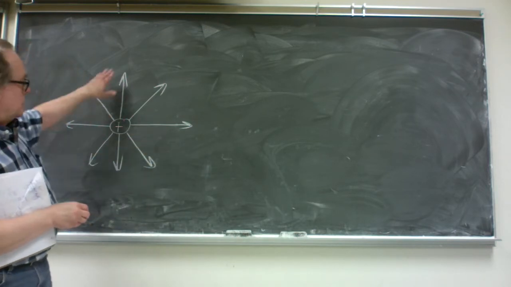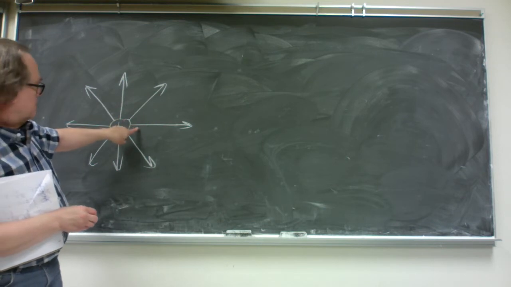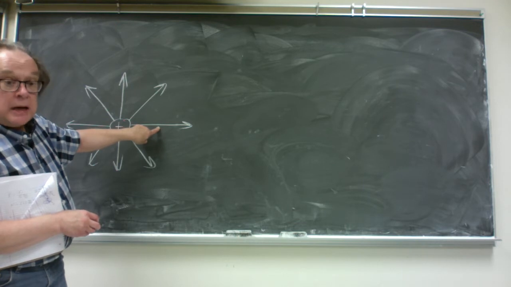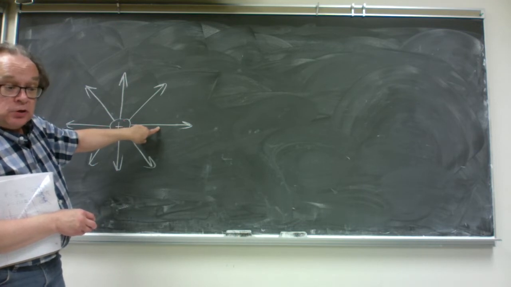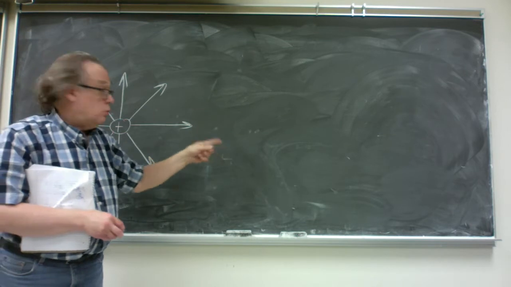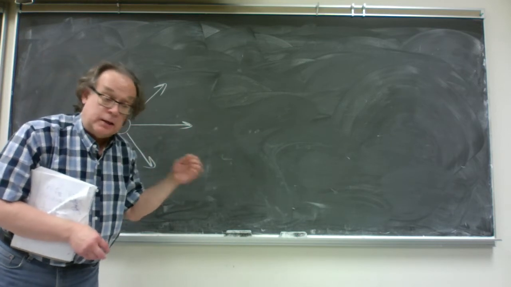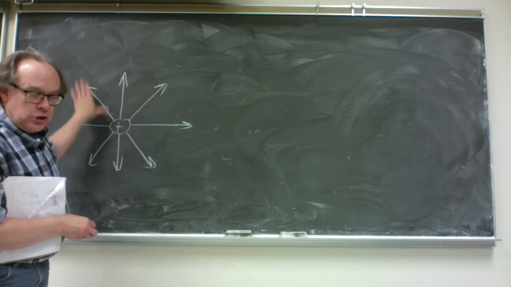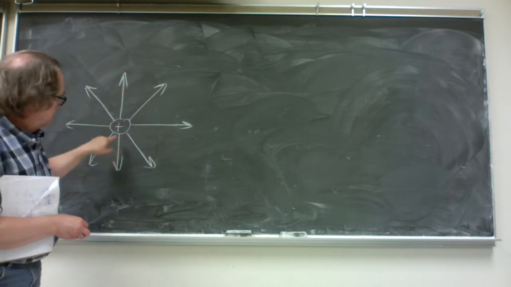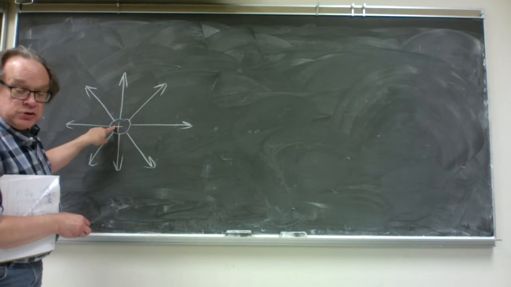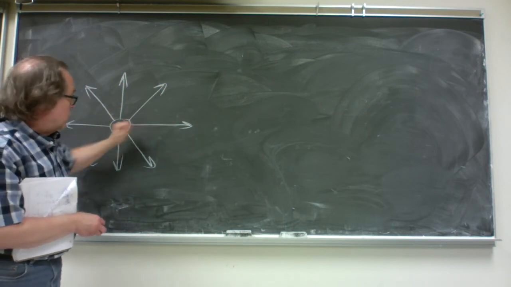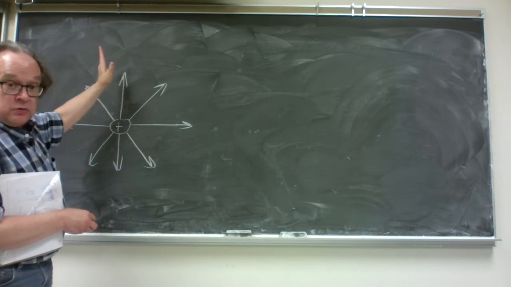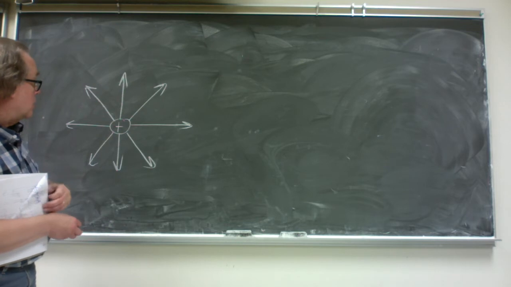And what these lines mean is that at any location on a line, the field just points along the direction of that line, which is pretty obvious. A positive charge anywhere here is going to be repelled directly away from this source charge. So directly away from the source charge has to be the direction of the field, no matter where you are.